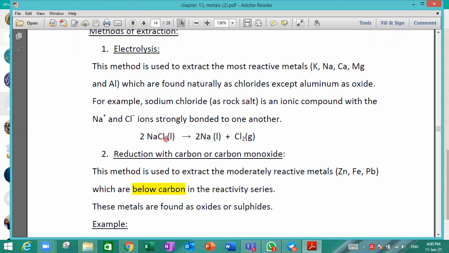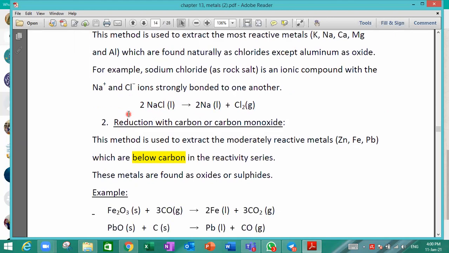Then the chloride will be attracted towards the anode, where it's going to be discharged, forming chlorine gas, and the sodium metal will be attracted to the cathode, where it takes electrons and forms the sodium metal. We studied this before, so that's why I'm saying it quickly.